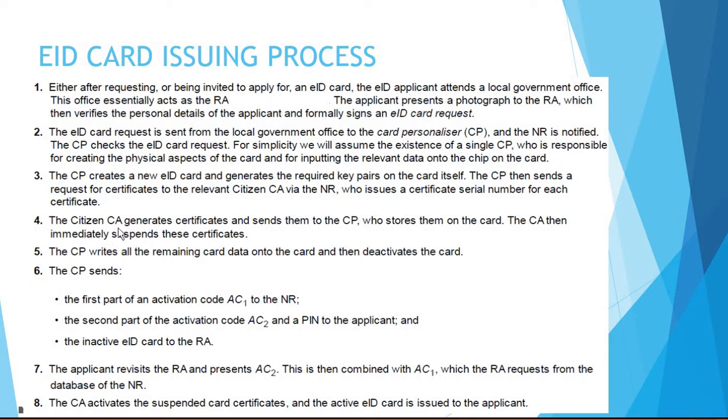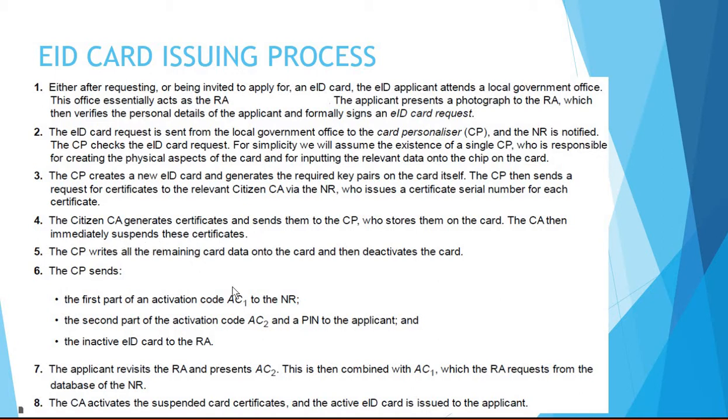Okay, so the certificate generated by the citizen certification authority will be written to the card by the card personalizer. So they only will manufacture the card. They will get that and they'll write into the card.